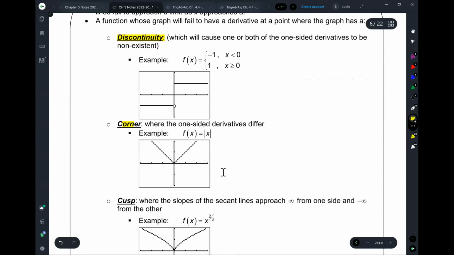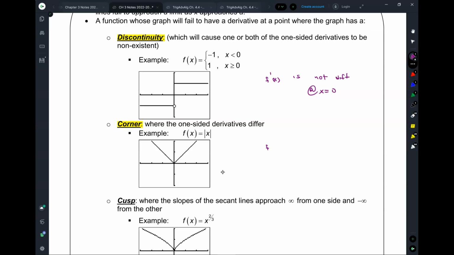Next, if there is a corner, like we saw with the absolute value, the official name for that is a corner. So here we would say, for example, f of x is not differentiable at x equals 0 because it's not continuous.